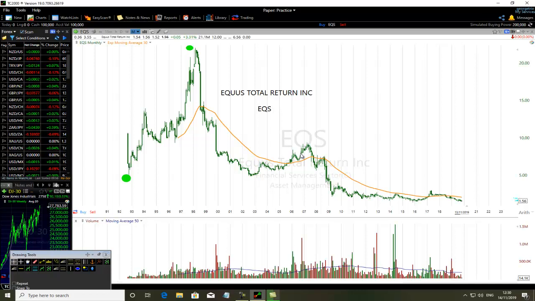Where are we? Where are we going? When we count wave, we know where we are, and now we want to know where we're going to go next. Are we at the end of the impulse wave? Are we expecting a corrective wave? Are we at the end of an X wave, W wave or Y wave, a corrective wave, or at the beginning of an impulse wave?